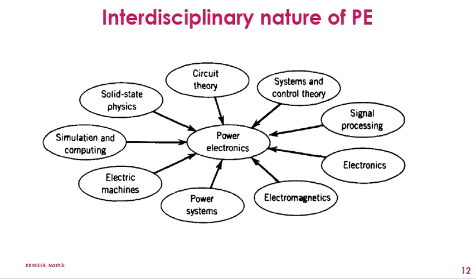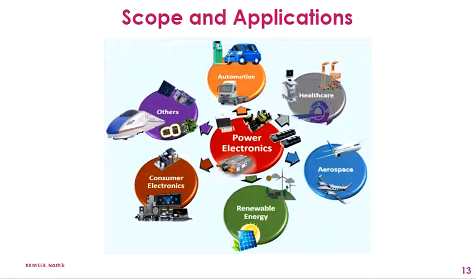Now talking about the industrial applications, power electronics can be used in automotive, healthcare, aerospace, renewable energy, consumer electronics, etc. You can explore and find how power electronics is used in all these applications.